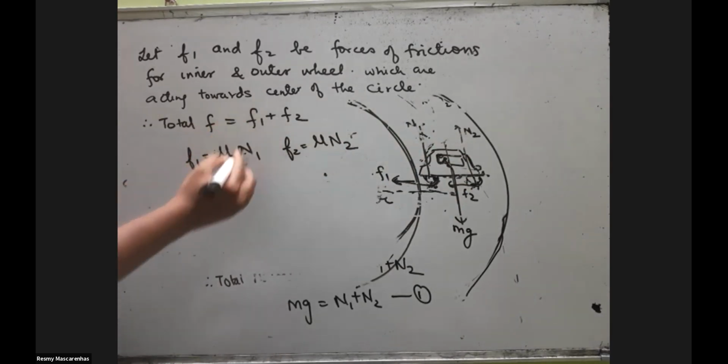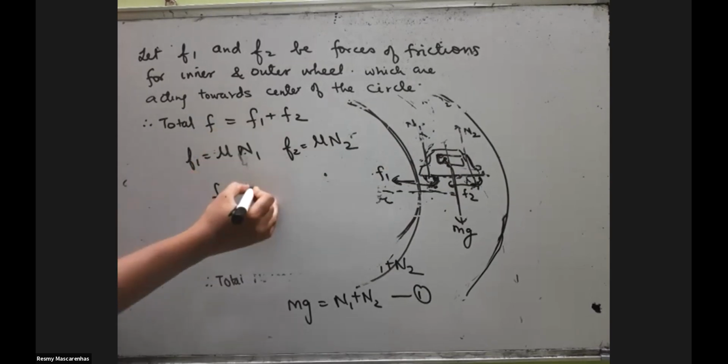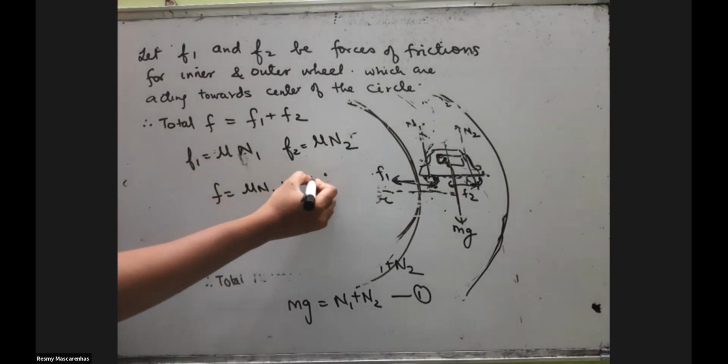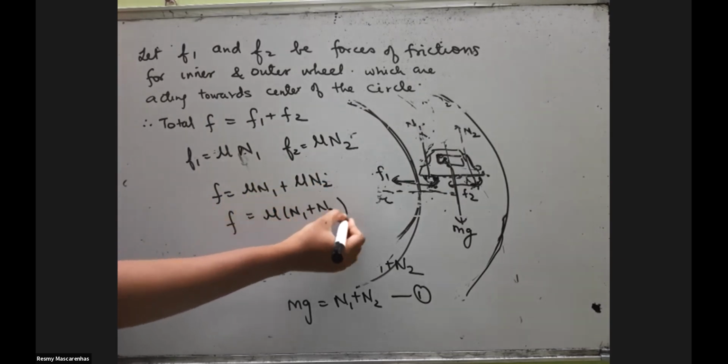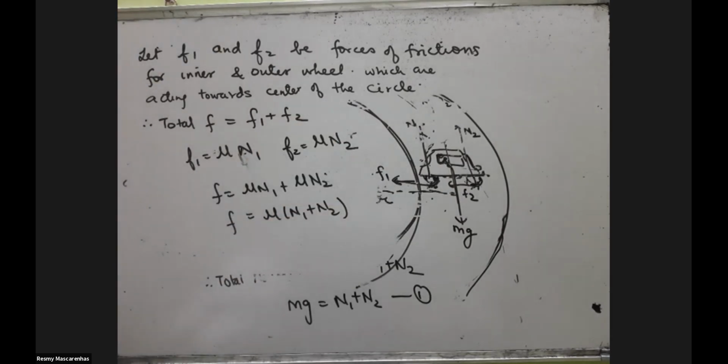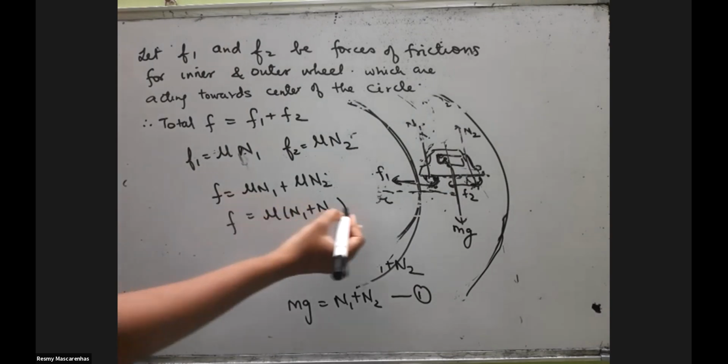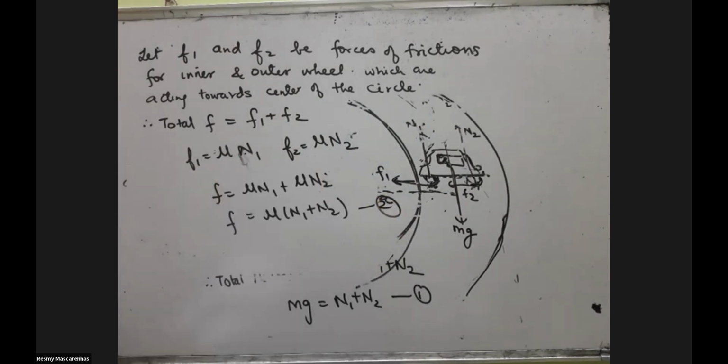So total, just substitute here, total will be how much? Mu N1 plus mu N2. Mu you can take out common. So you can mark this as equation 2. So what is the value of N1 plus N2?